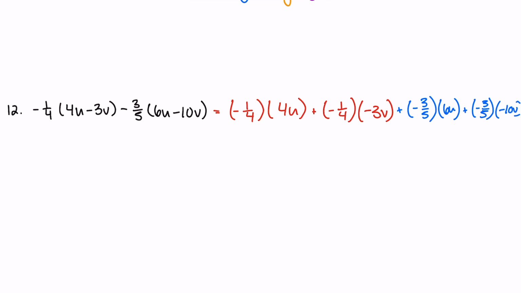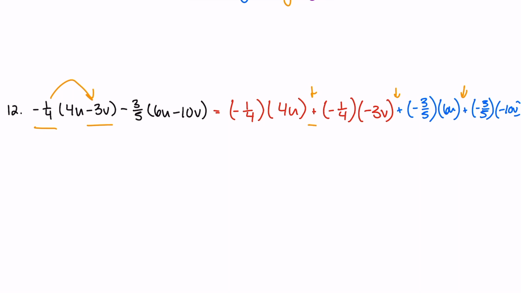I kind of got cut off at the end there. And if you're confused about these plus signs here, it's just because every time we distribute to a term inside the brackets, we need to separate that with a plus sign. So this -1/4 being applied to the 4u needs to be separated from this -1/4 being applied to the -3v.